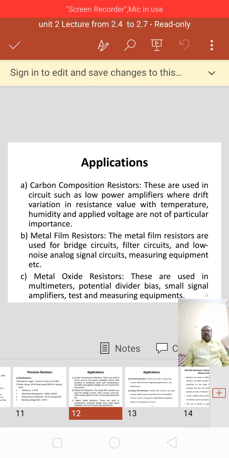Next, metal oxide resistors. These are used in multimeters, potential divider bias circuits, small signal amplifier circuits, and testing and measuring equipment circuits.